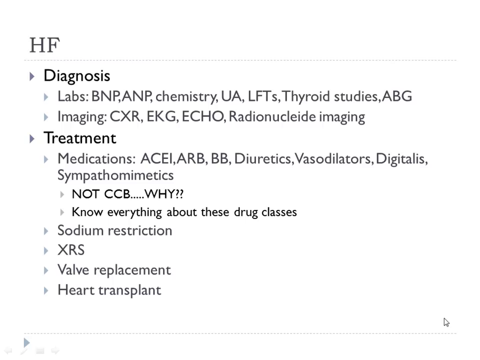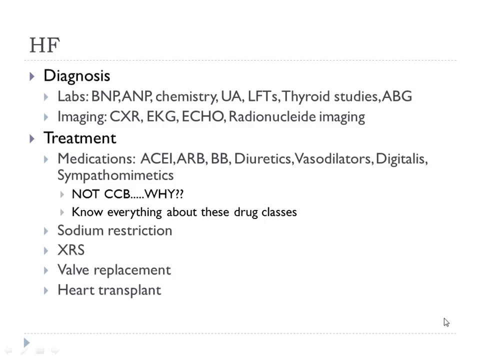I talked about how a valve can be damaged in an MI, especially that mitral valve on the left side. If it's damaged and is regurgitating, the blood is not going out into the aorta properly. It could be pushed back up into the left atrium because that mitral valve is not closing.